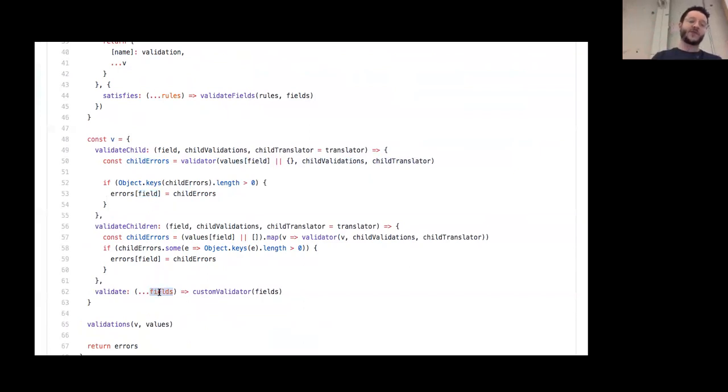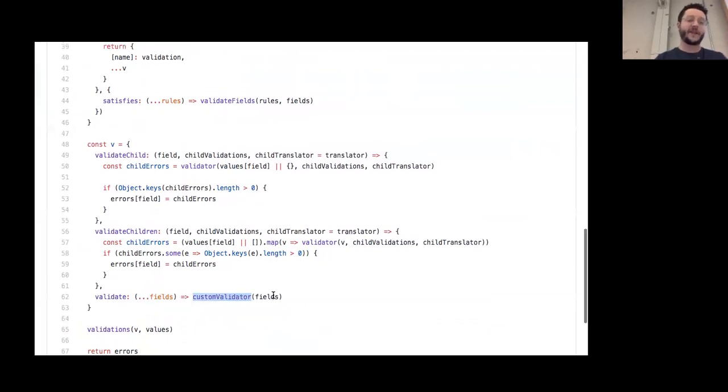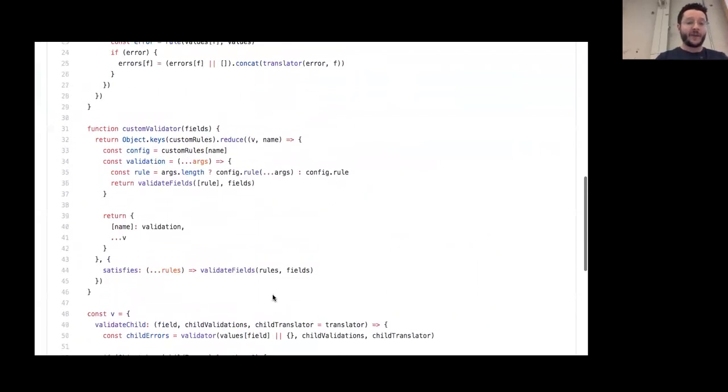Then what the actual validate does is, this is the function that takes in the field names and returns an object that you can perform the actual validations on. So it calls the custom validator function providing the fields, and that returns this object that does some iteration over the custom rules.